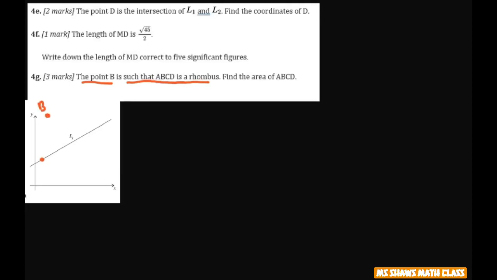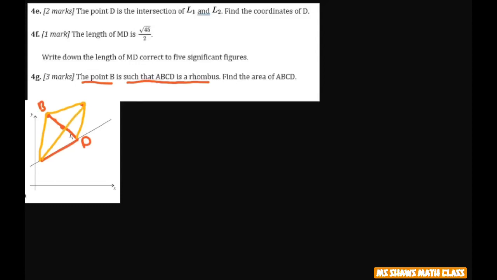Our C, we already did earlier. And D is that line where it cuts through the midpoint here. So there was a midpoint here, and it cuts through this. So this would be D. So when you draw your rhombus, it looks something like this. And that's just a sketch.